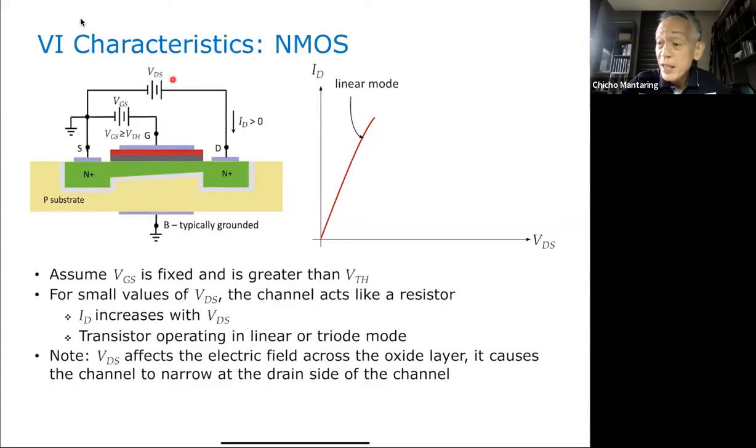But this affects the electric field across your oxide layer, such that the electric field across your oxide layer here is going to be smaller than the electric field across your oxide layer here. Dahil mas malapit dito yung positive terminal ng VDS kaysa rito. And that's why ang nagiging shape ng channel natin medyo nagnanarrow siya dun sa drain end.